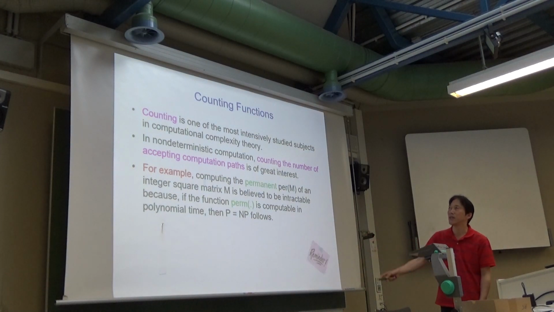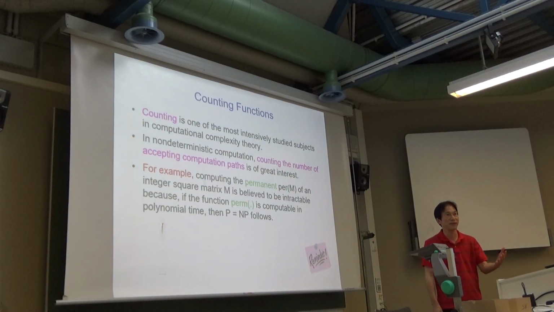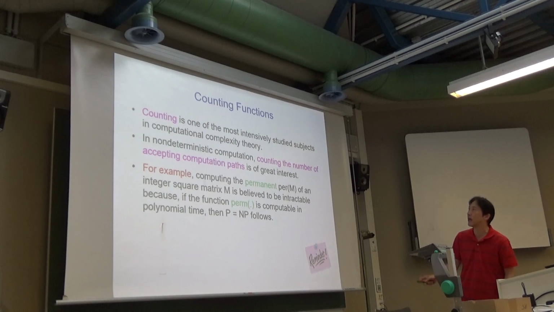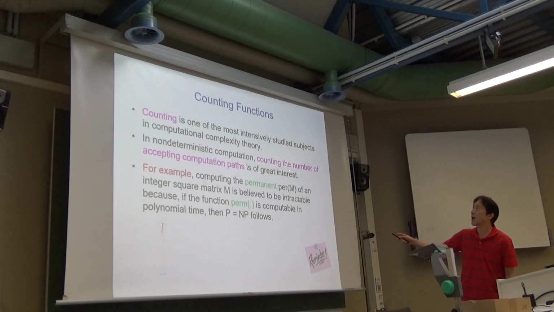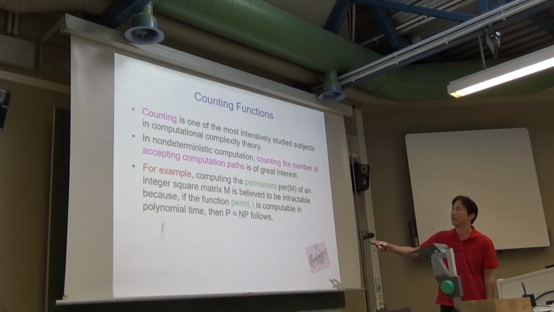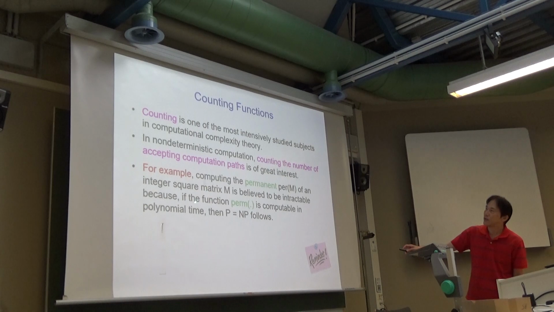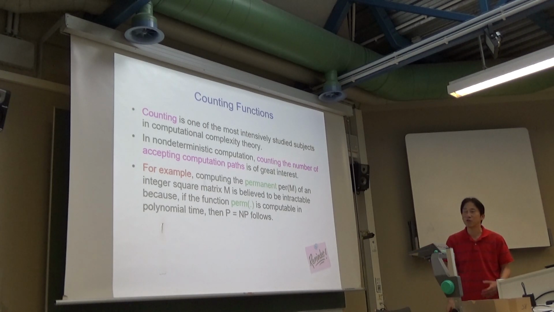Counting itself is one of the most important and intensively studied subjects in computational complexity theory. Particularly, counting means counting the accepting computation paths of a non-deterministic computation. For example, take the permanent of a given integer square matrix.